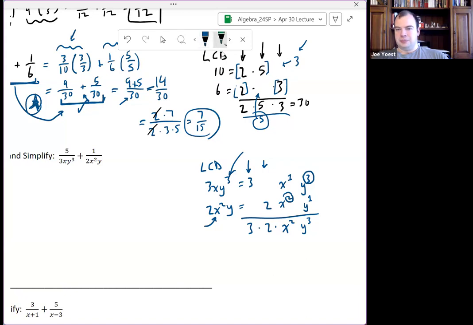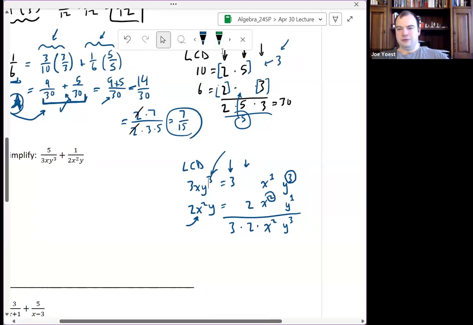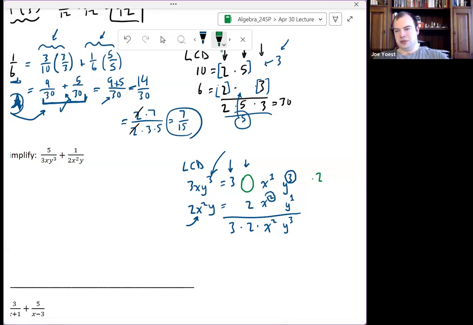Now I realize that my first denominator, 3xy cubed, is missing a factor of 2. It has one factor of x, but it needs 2 of them, so it's missing one factor of x. It has 3 factors of y, it needs 3 factors of y, it's good there. So my 3xy cubed needs to be supplemented with a 2x. And my 2x squared y is missing a 3.